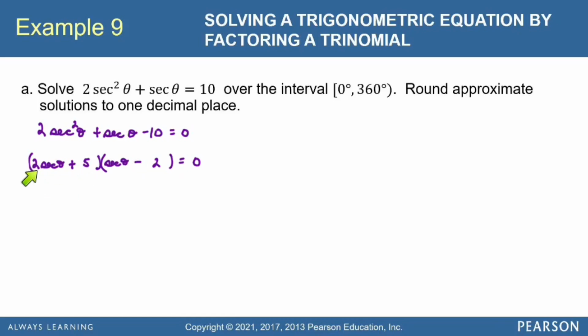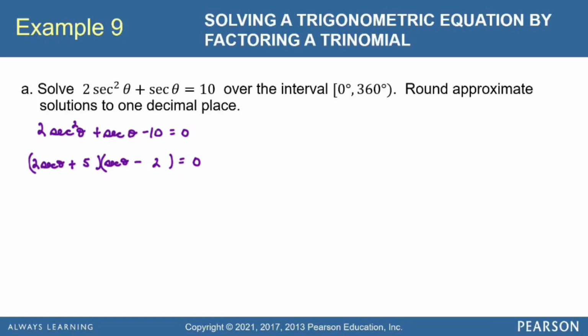So outer times outer would be minus 4 secant theta, inner times inner would be plus 5 secant theta, and negative 4 plus 5 does add up to positive 1. So our middle term would be plus 1 secant theta, which is what we have here. So that tells me that our factoring is correct.